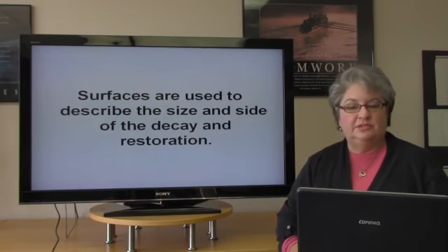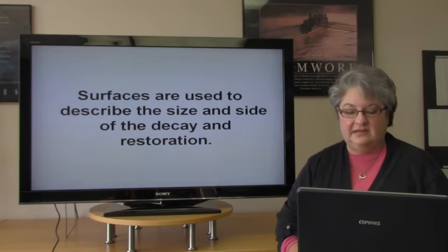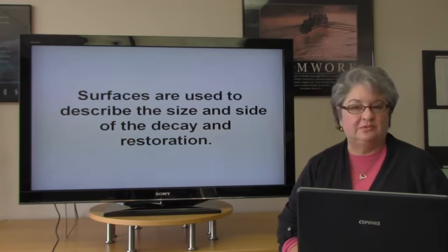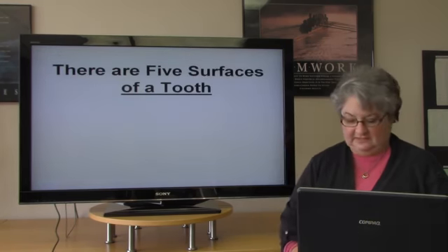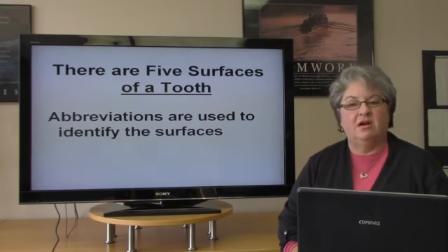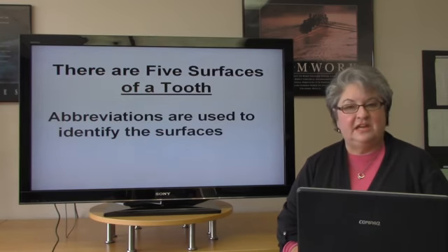Surfaces are used to describe or identify the size and the side of the decay or the restoration on a tooth. A tooth has 5 surfaces, and they are identified by abbreviations.